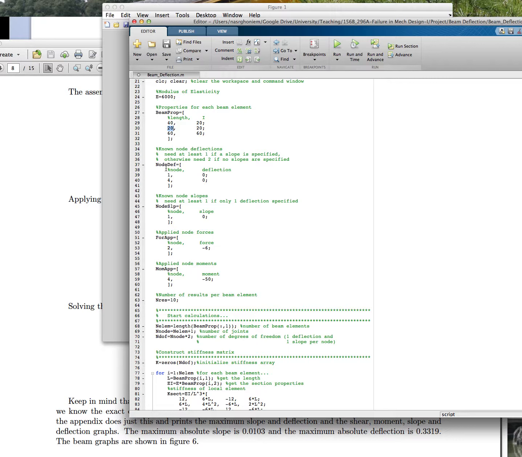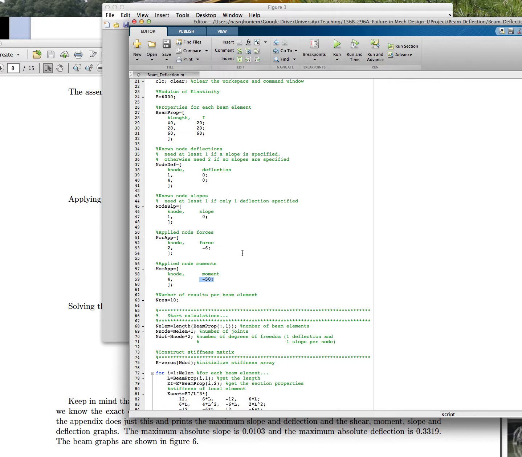And the node deflections are the known node deflections. For node 1 is 4, for node 4 is 0, and then the known node slopes. For node 1 we know the slope is 0. So this is like the boundary conditions. And in addition, we have a force condition. For node 2 we have minus 6, for node 4 we have minus 50.